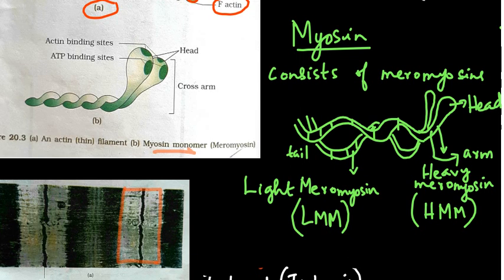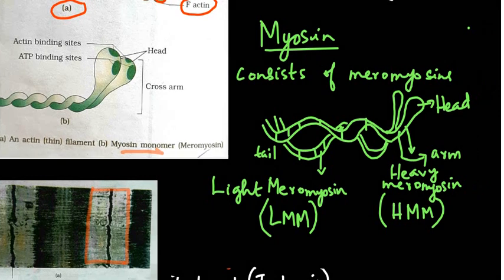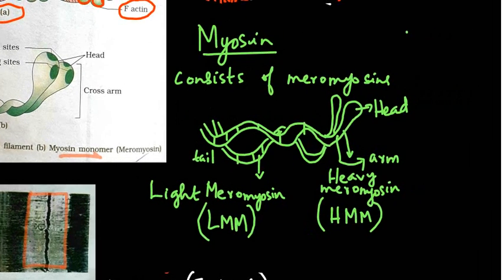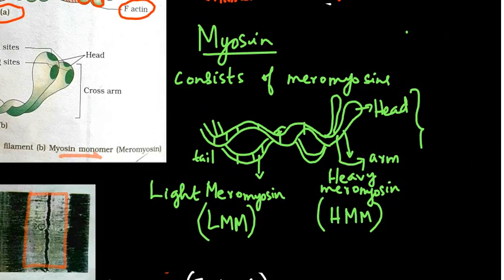Together, the head as well as the arm together will be called as cross arm. It is with this cross arm that later the myosin will be attaching to the actin filaments and pulling them closer. The head has got two areas.